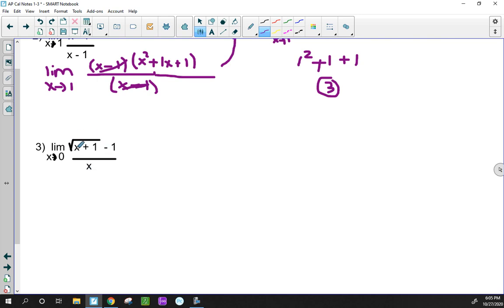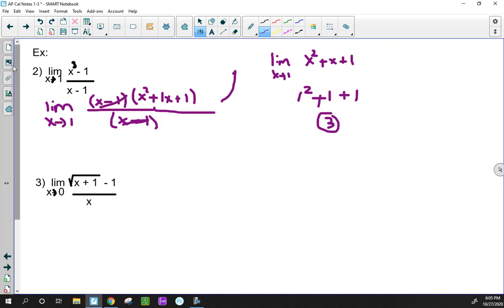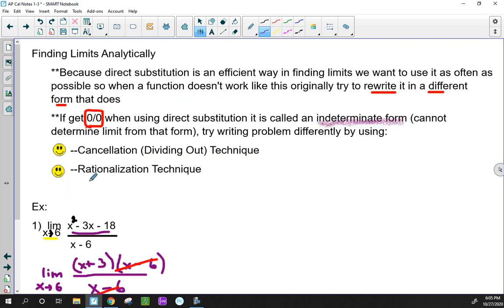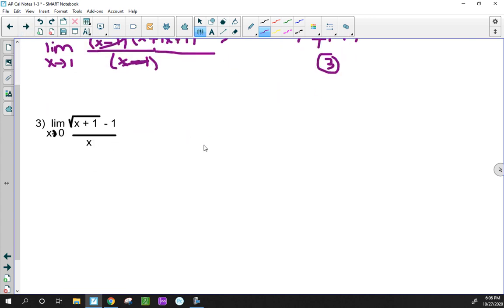The numerator is not factorable. It is a square root. And so for this problem, I will have to use what's called the rationalization technique. You're used to it from when we did conjugates of imaginary numbers, dividing complex numbers, radicals, things like that.